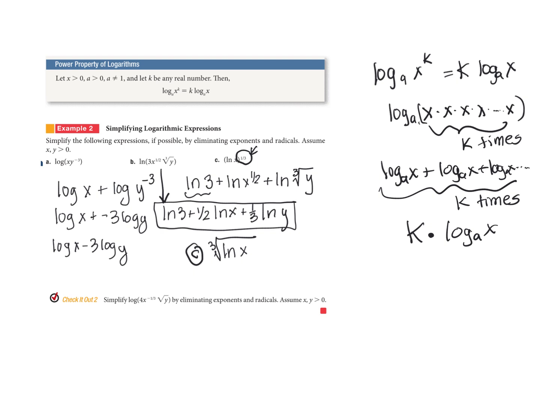That is different. Sure, we can simplify this, but we cannot simplify when the natural log is inside the parentheses. Okay? So this is not possible.